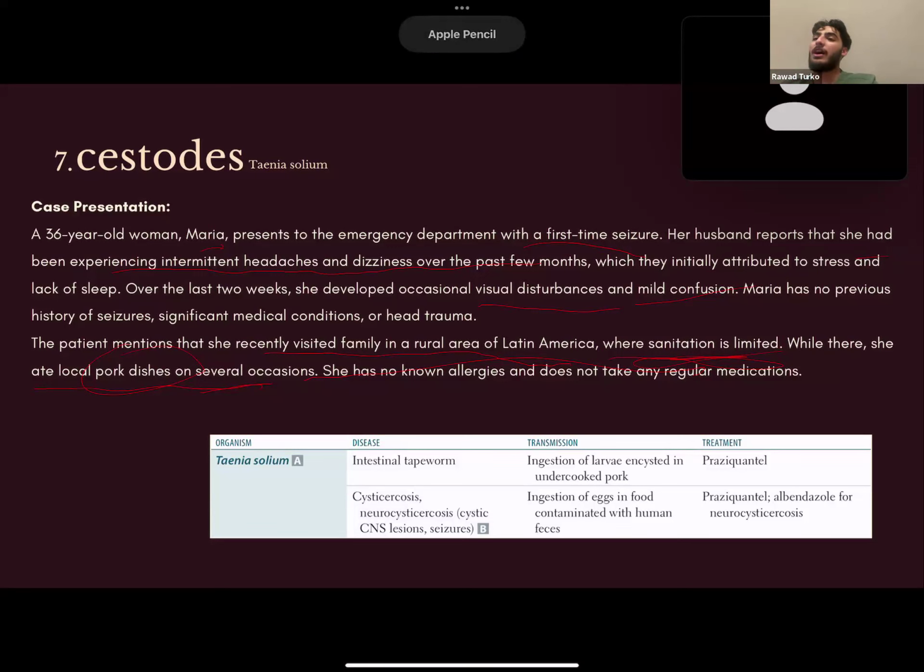So you could say that, for example, unwashed vegetables, soil, any vegetables that might have remnants of human feces might have these eggs, and that's what's causing the cysticercosis. So in this one, ignore the pork dishes. This is a little misleading. It's going to point more towards teniasis, when in cysticercosis, it's the eggs that are ingested. Does that make sense?